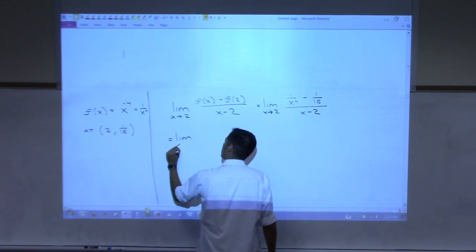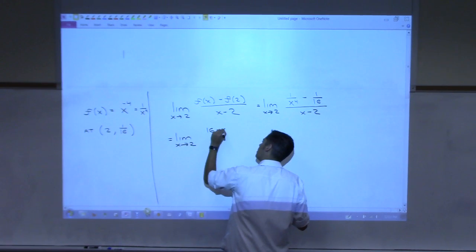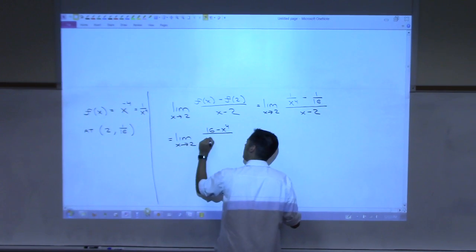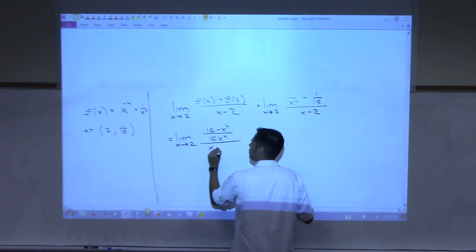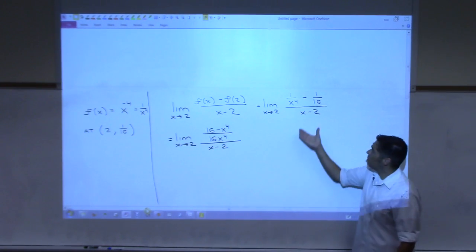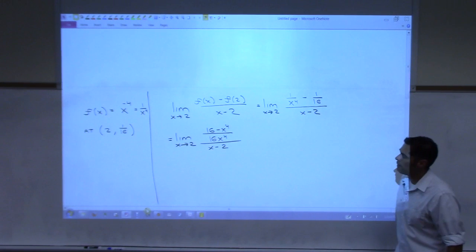So you'd have limit x approaches 2 of 16 minus x to the 4th over the common denominator 16 times x to the 4th all over x minus 2. I really am hoping that all of you can understand what I did there and can do that. Put those two together and get that.